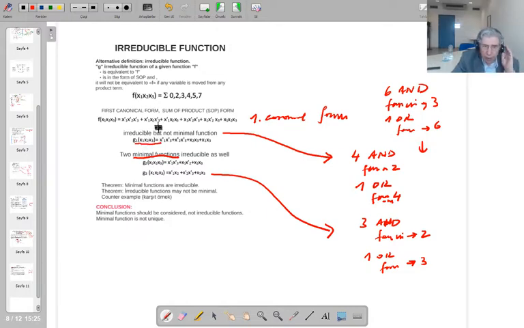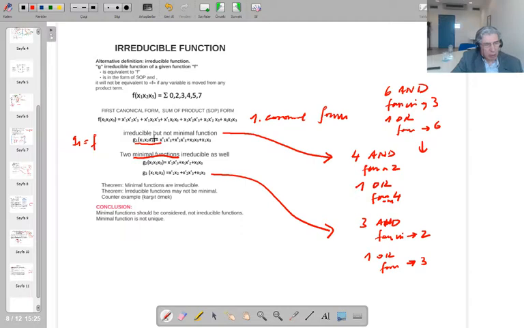It is given here. It's going to be equivalent to the original function, so that is right. So G1 should be equivalent to a given f function. And then it says here, the product terms in these irreducible functions are the ones like that. If you remove any one of the variables in any product term and the equivalency is not valid anymore, then this function is called an irreducible function.